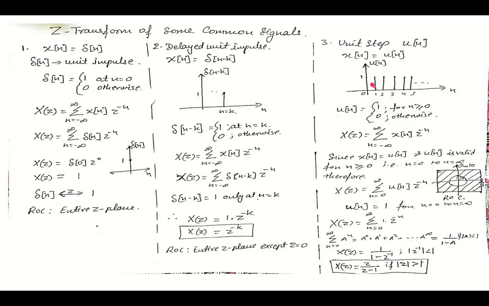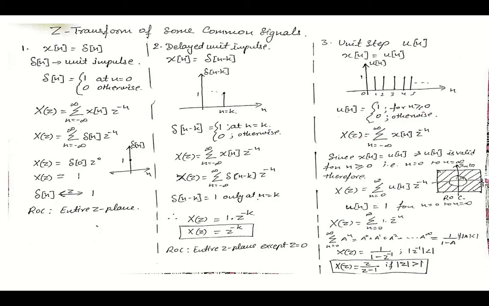It will be utilized in various other questions as well, in which u[n] is multiplied with other functions, and it is a very important signal which is utilized in signals and systems. So u[n] is equal to 1 for n greater than or equal to 0 and 0 otherwise.